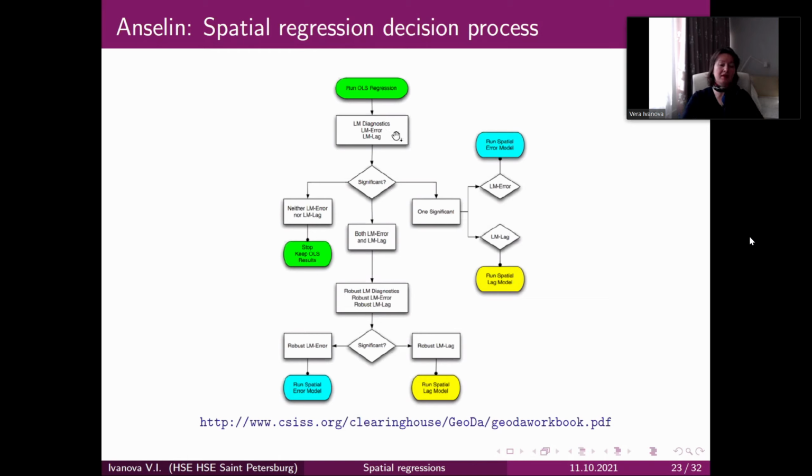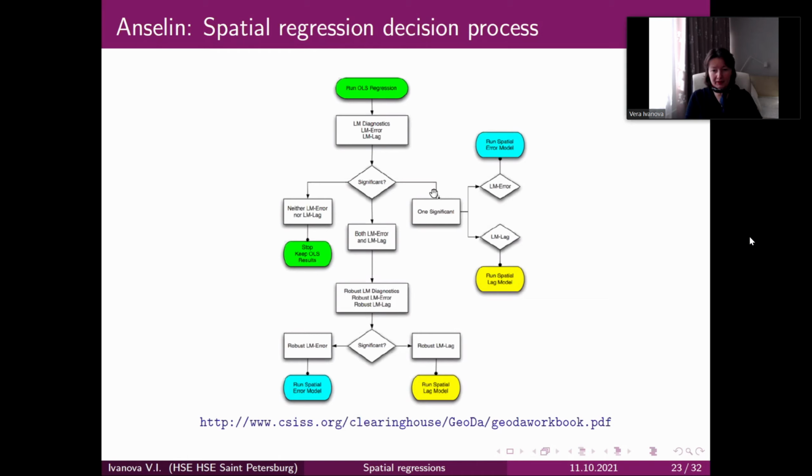That is, they are related to the spatial error and spatial lag terms in regressions. If both tests are not significant, then we should stop with our OLS regression.